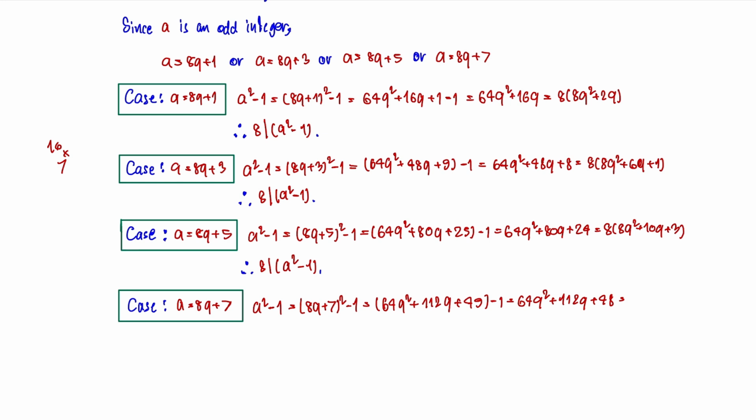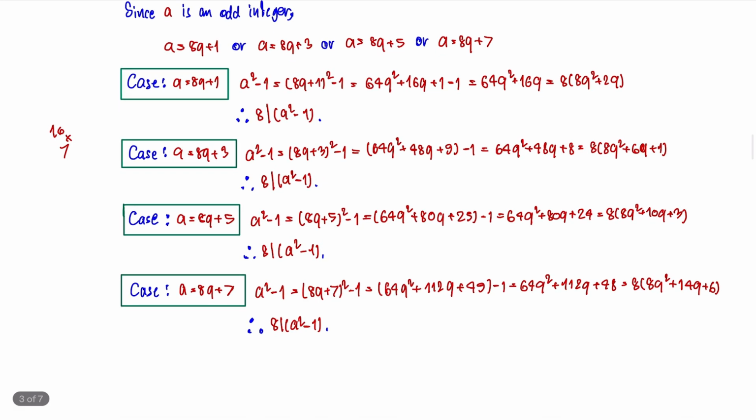And factorizing with 8, we're going to have 8 times (8q squared plus 14q plus 6). So 8 times 14 is 80 plus 32, so it's going to be 112. Therefore, as we can see, we have 8 as a factor of a squared minus 1. That means that 8 divides a squared minus 1.